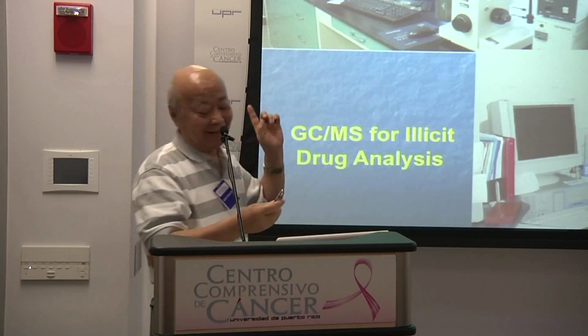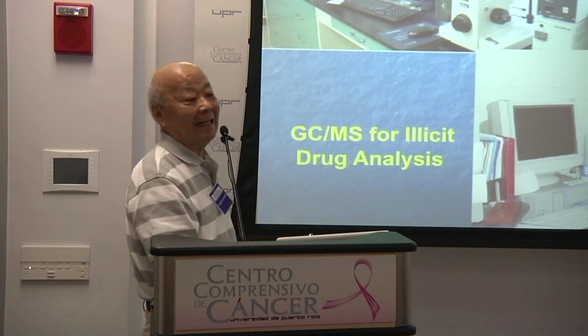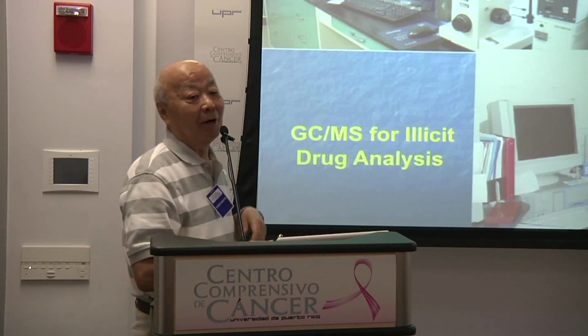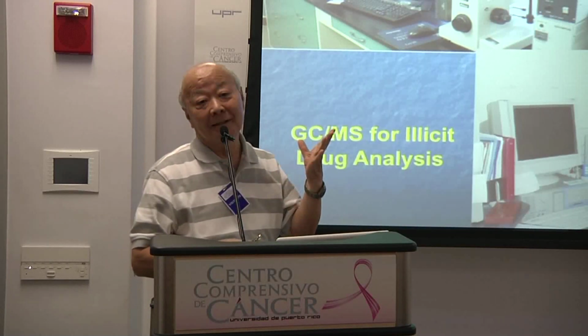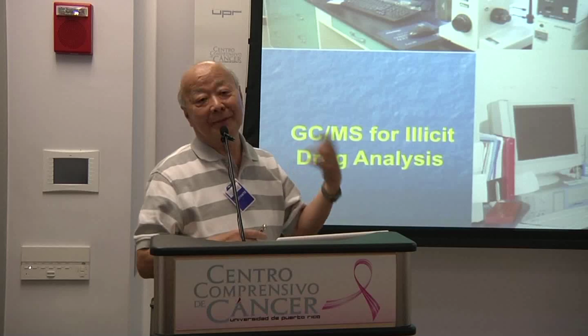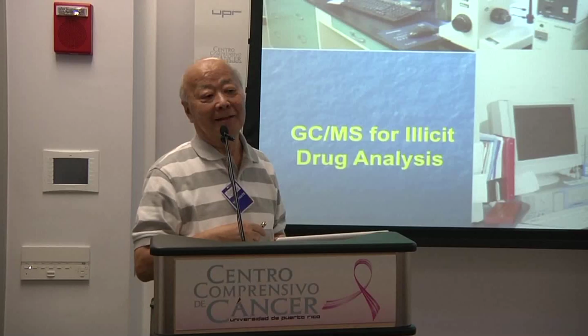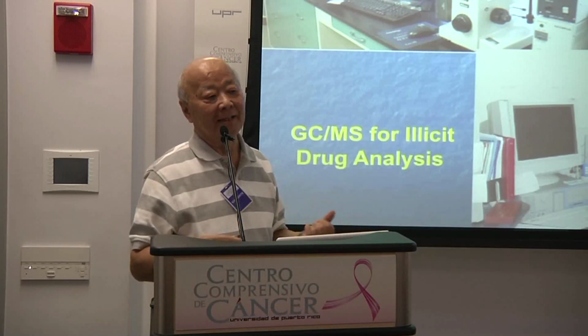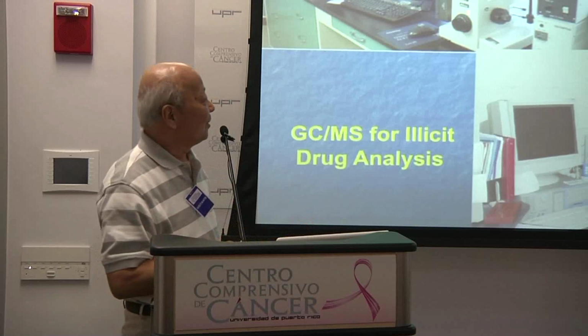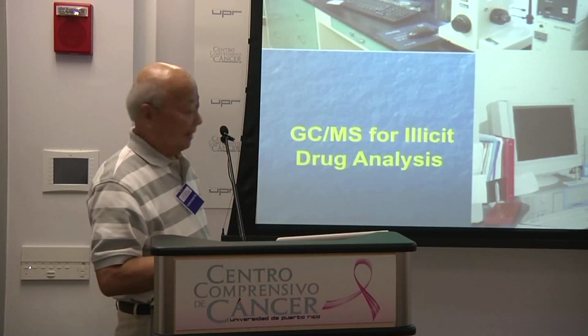For many DNA or even just fluorescent work, you can get a much better picture with this system. And we also run the GC mass spec for illicit drug analysis. Well, it doesn't need to be only illicit, but even illicit drug analysis.